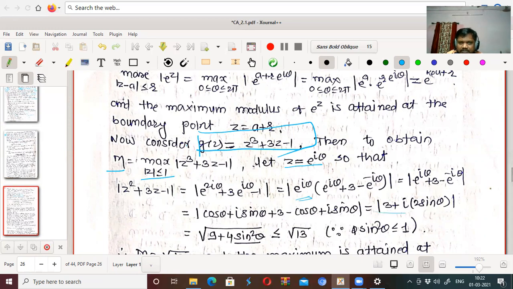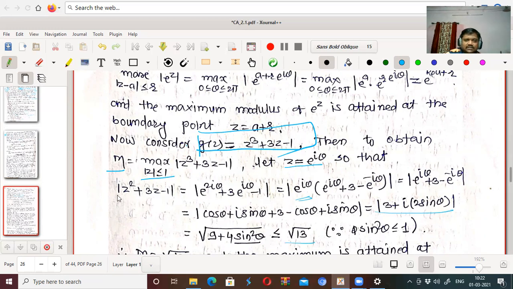Now the mod of this complex number is the square root of 3 square, that is 9, plus the square of 2 sin theta, that is 4 sin square theta, right? But as theta is a real number, since it is an angle, sin square theta is always less than or equal to 1. Therefore this is less than or equal to square root of 9 plus 4, that is square root of 13.